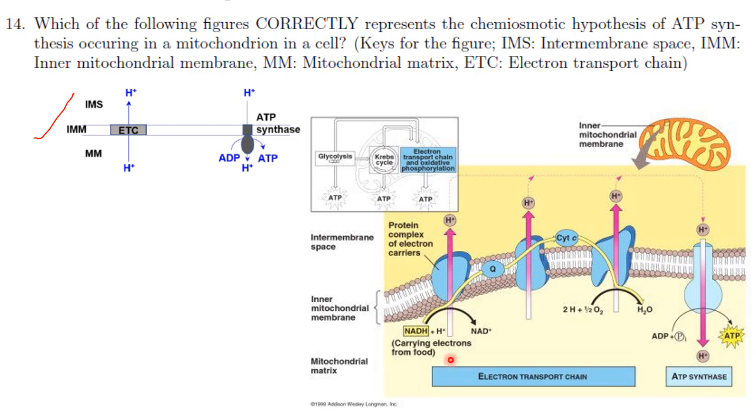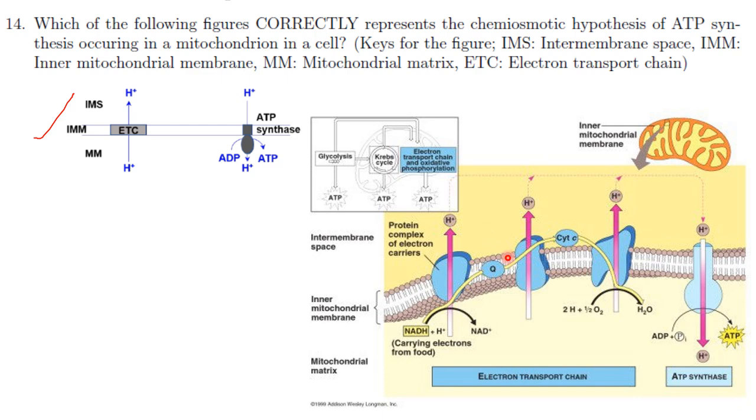See the direction of the arrow. These are the various electron transport complexes. There is complex 2 also. They have not shown it here, maybe because it is not involved in pumping of H positive ions to the intermembrane space from the matrix.